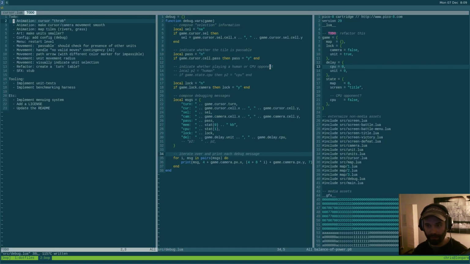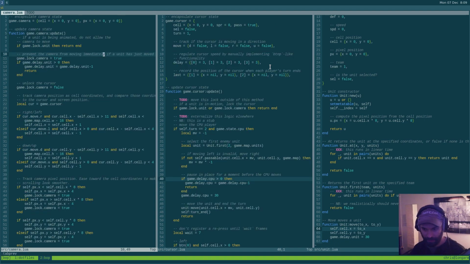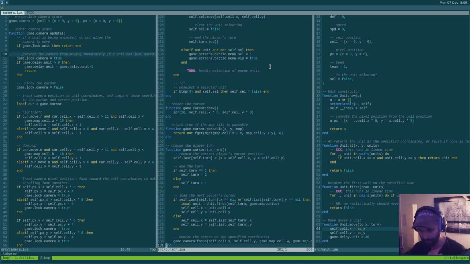Oh, here's a little bug I uncovered. This should be a quick fix, maybe. So we have a passable method. And currently it checks whether the tile at the given coordinates has a passable flag set.